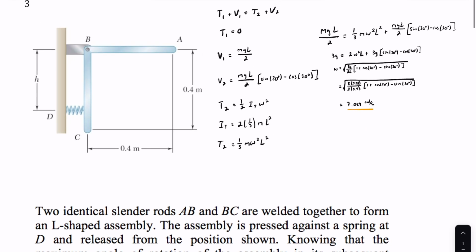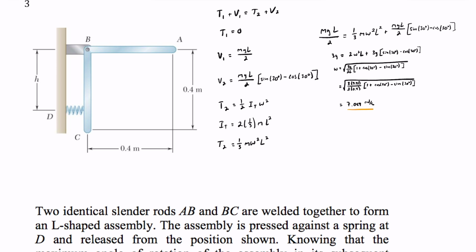And then for 3, for the energy, you get T1 plus V1 equals T2 plus V2. Then you have to find V1, which is mgL divided by 2. Then you find V2, which is mgL divided by 2 times sine 30 degrees minus cosine 30 degrees. T2 equals 1/2 I_T omega squared.